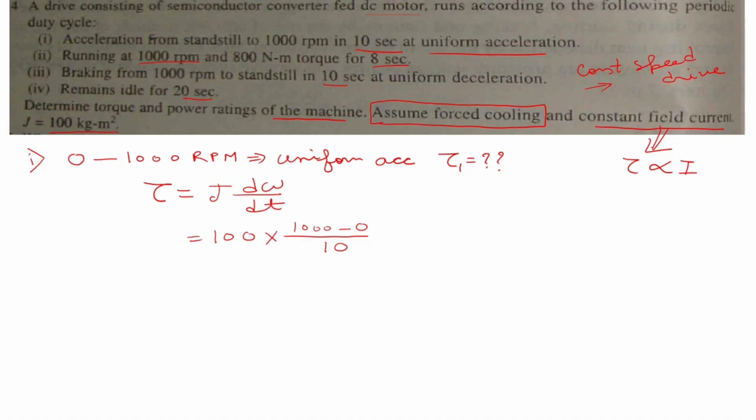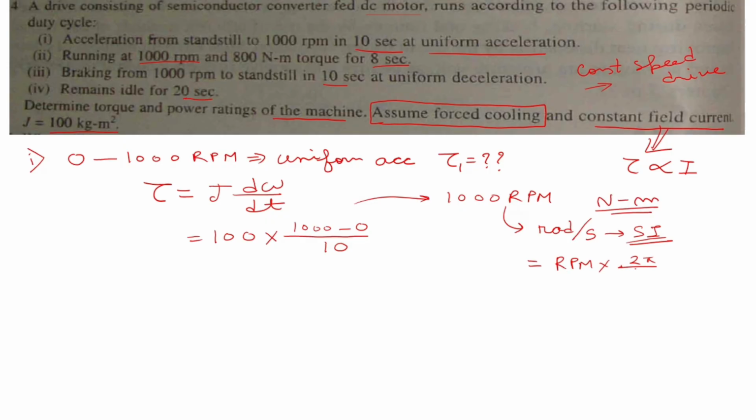But this 1000 is in rpm, and we have to find the torque in newton meter. Therefore we have to change the rpm into radian per second. This is the SI unit, we all know this. The relation is radian per second equals rpm into 2 pi by 60. Therefore we have to multiply this value by 2 pi by 60.